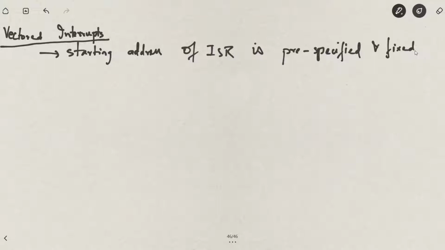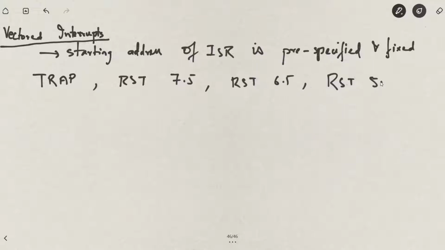So we have four different types of vectored interrupts here. One, we have trap, that is also, as I said to you, referred to as RST 4.5. Then we have RST 7.5, RST 6.5, and RST 5.5.